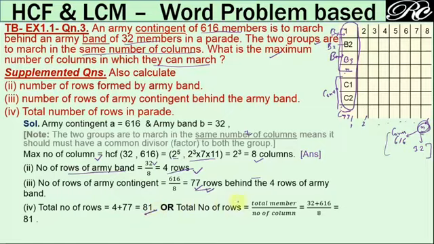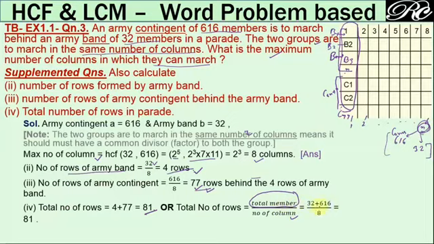Or the other way, we may also calculate the number of rows as equal to the total number of members who are marching divided by the number of columns. This number of columns we have calculated as the HCF of the army contingent and army band. So it is 8.